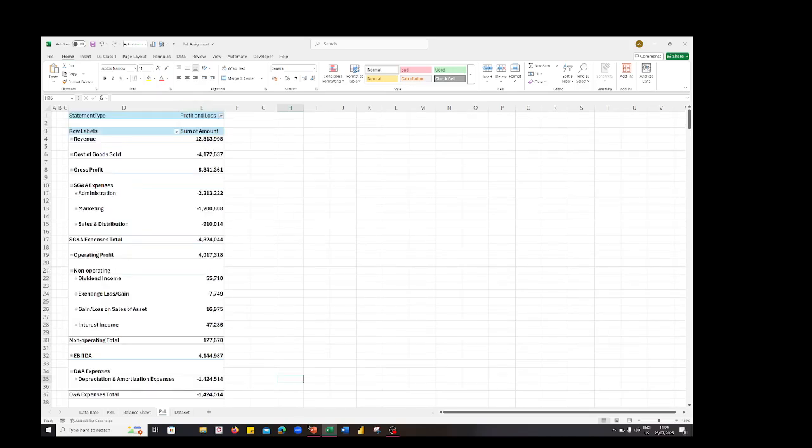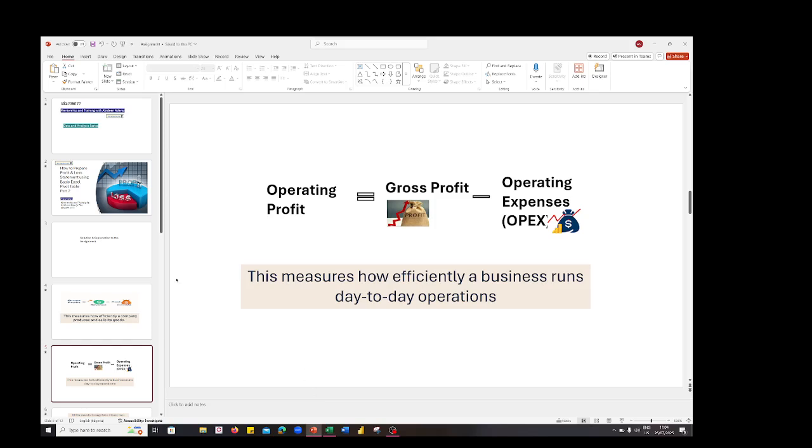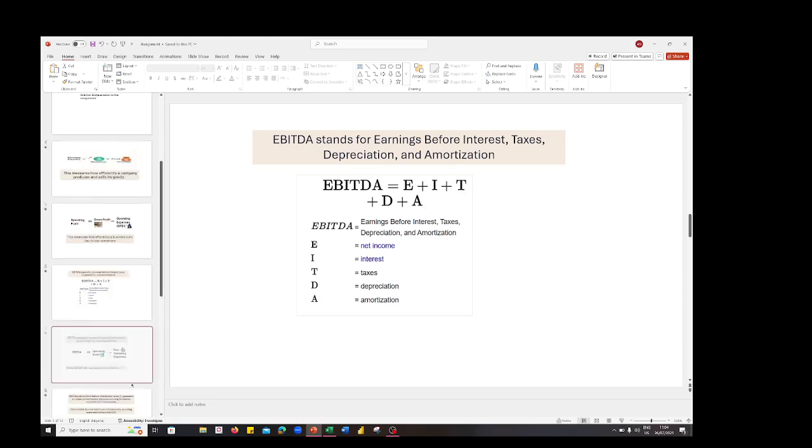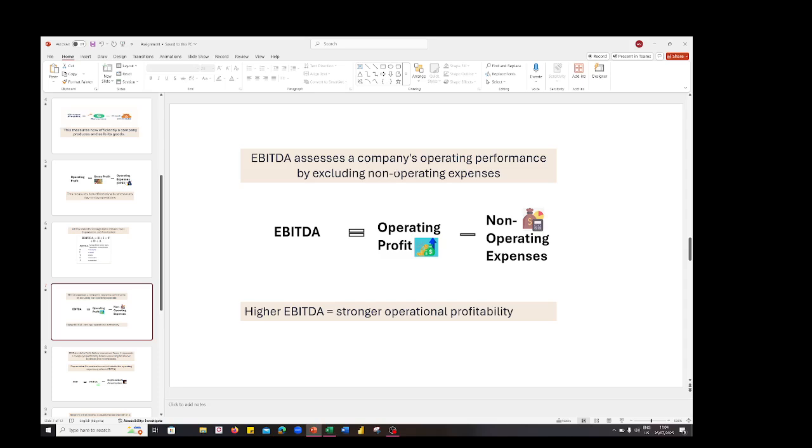So let's quickly look at what EBITDA is. EBITDA stands for earnings before interest, taxes, depreciation, and amortization. EBITDA assesses a company's operating performance by removing your non-operating expenses, just like we did.